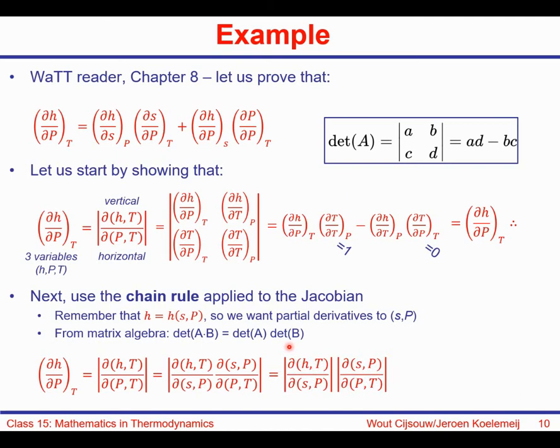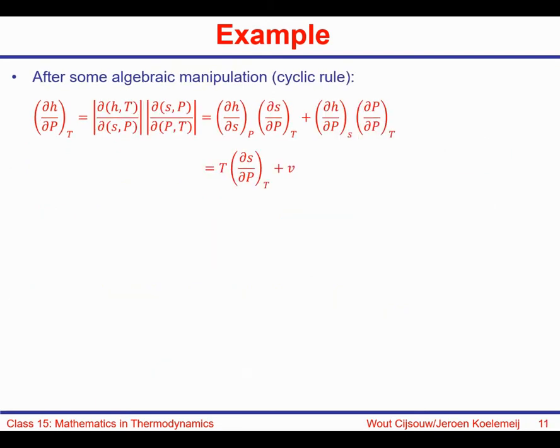So we can write it also like this. And these things we can evaluate using this expression here. Now, I don't want to do that here in every detail, but using the cyclic rule, it's reasonably straightforward to do this.